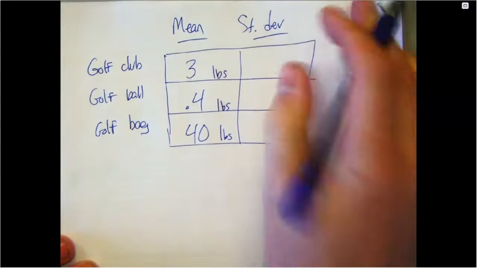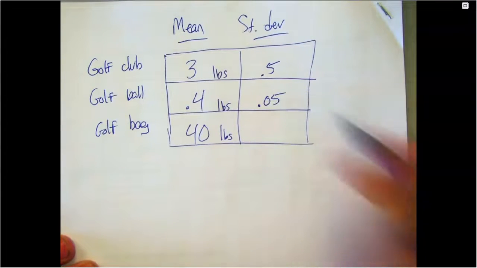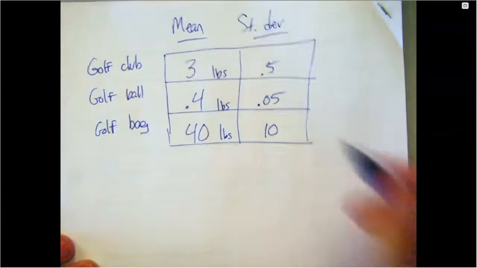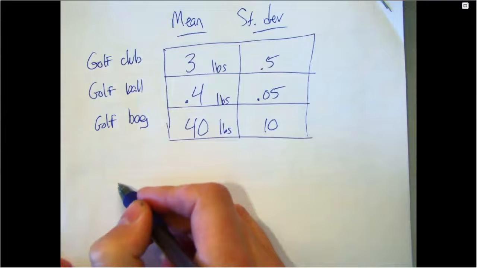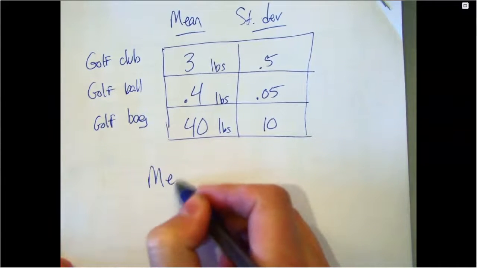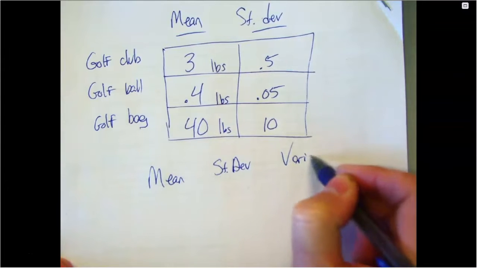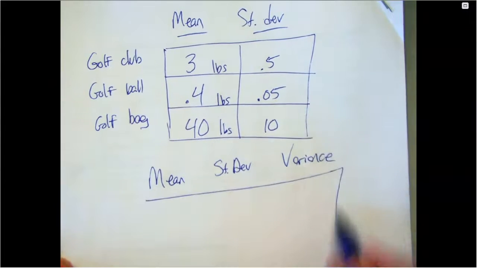Standard deviation for club, let's say it's 0.5, for ball 0.05, and for bag is 10. Let's do this chart again: mean, standard deviation, and variance.